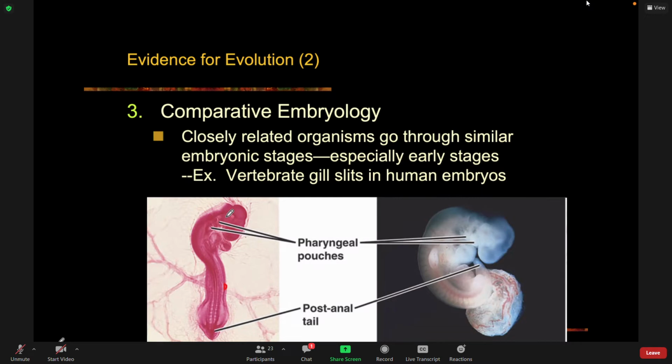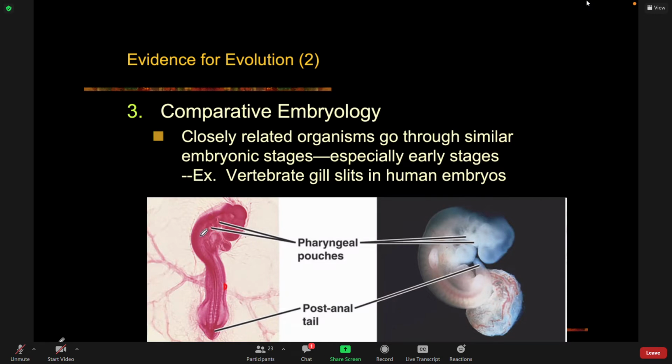Furthermore, in the pharynx region, the neck area, there are several pockets called pharyngeal pouches. We all start out with the same number of pharyngeal pouches at this early embryonic stage. In fish, those pouches will develop into gills, or at least the gill arches.